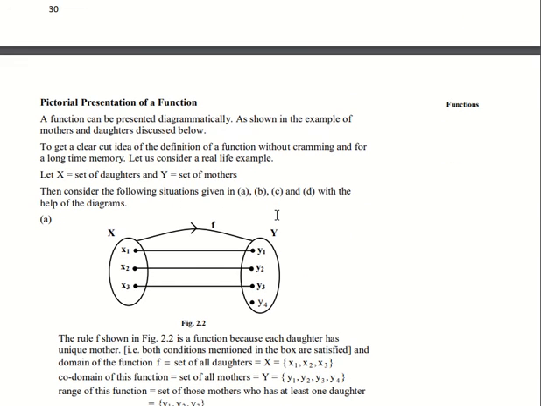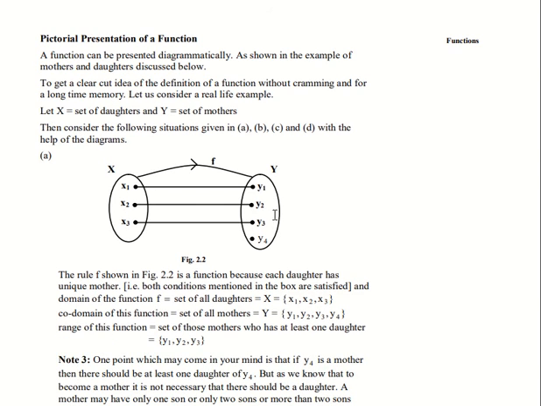Now we will look into various examples of which relation is a function and which relation is not. Let's start with this. The example that they have taken is really great, I liked it. Let's say X is a set of daughters and Y is a set of mothers. Why do we call this relation a function?